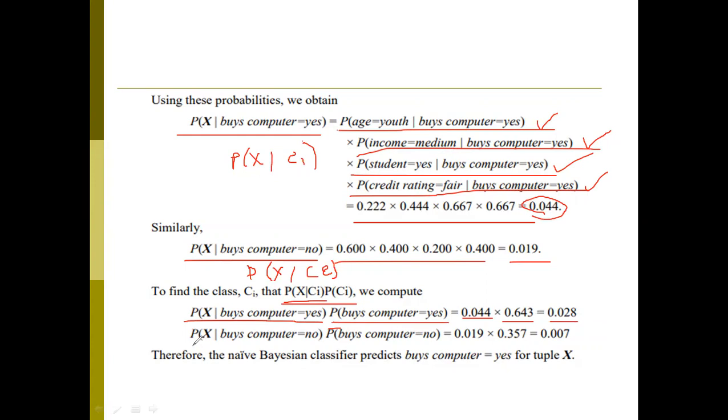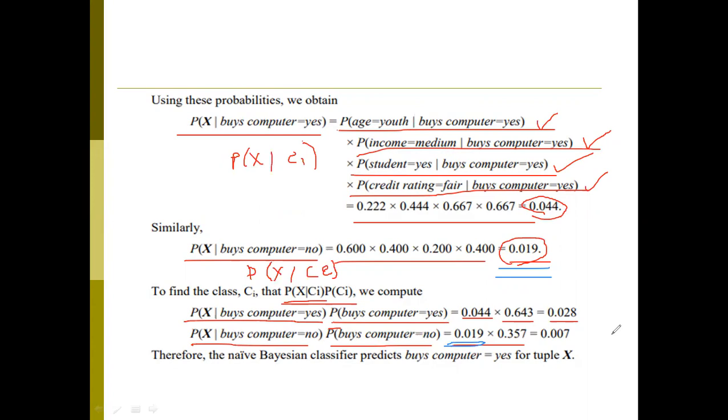And if it is P of X given C2, it is 0.019, right?